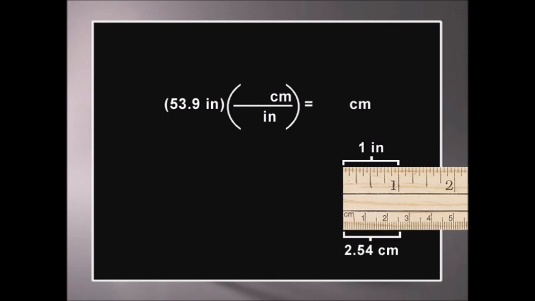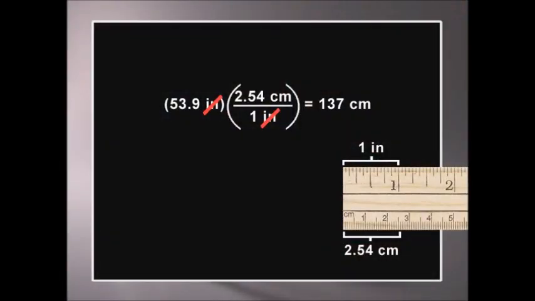This means that I need a factor that has inches in the denominator, so inches will cancel out, and has centimeters in the numerator, so our final answer will come out in centimeters. That factor, of course, is 2.54 centimeters over 1 inch. The units work out correctly, so now I just do the math and obtain my answer of about 137 centimeters.